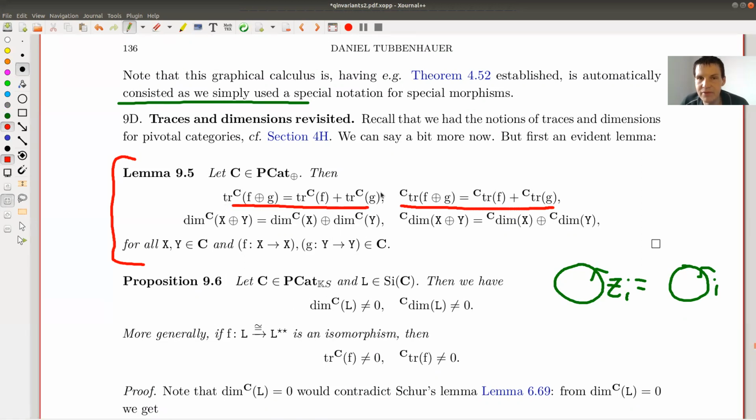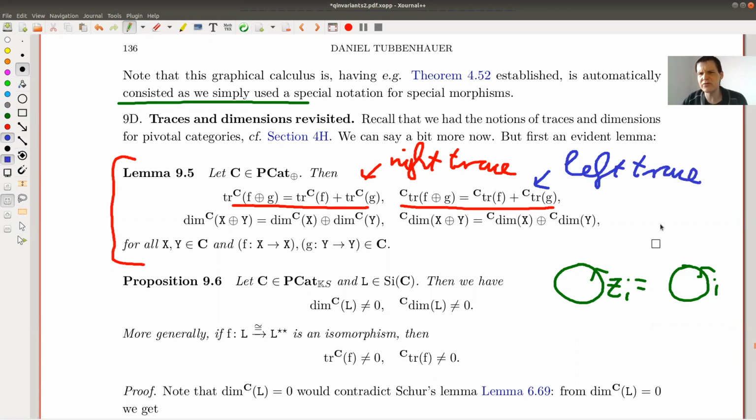Remember that we have the left and the right trace. So this is the right trace. That's why the C is on the right. And here we have a left trace. That's why the C is on the left. Don't worry about it too much.